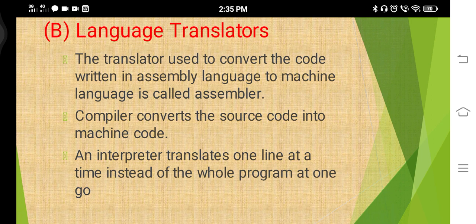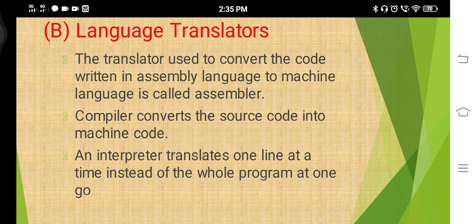The source code is converted by the translator into the machine understandable language called object code or machine code. This compiler translates the complete program in one go.